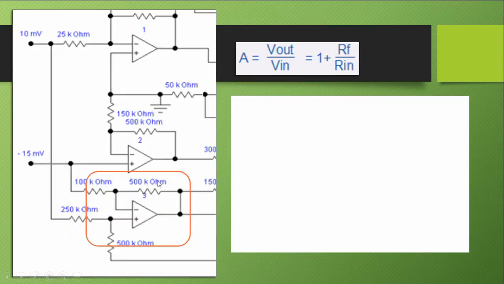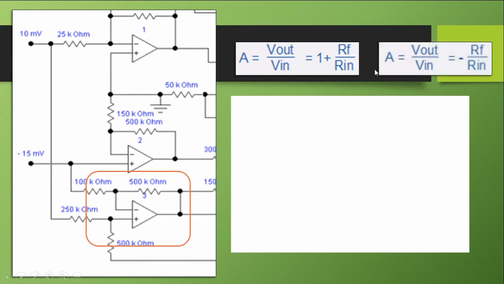For the third op amp, our input is coming from the negative. There are two inputs, right? Again, this is connected to ground, but this one is connected to 10 millivolts. We have to consider the 10 millivolts and negative 15 millivolts.